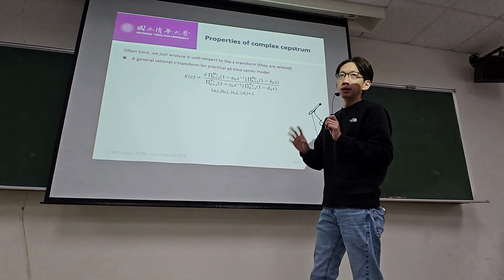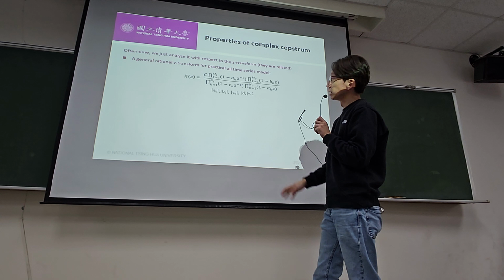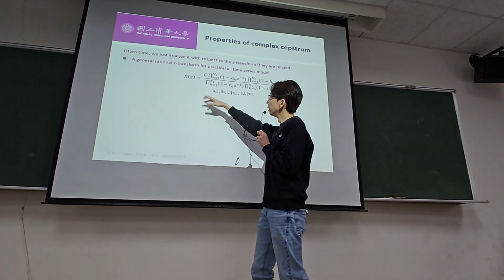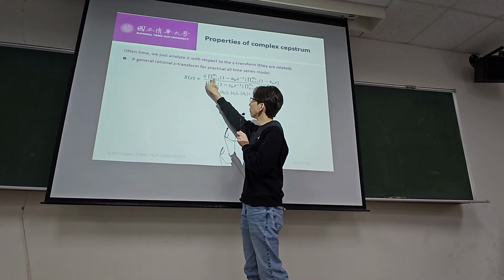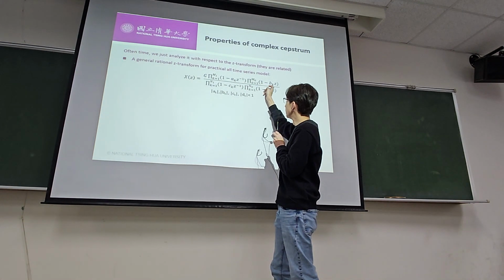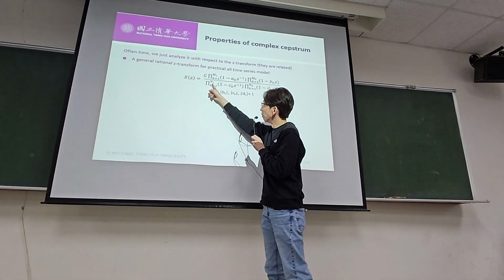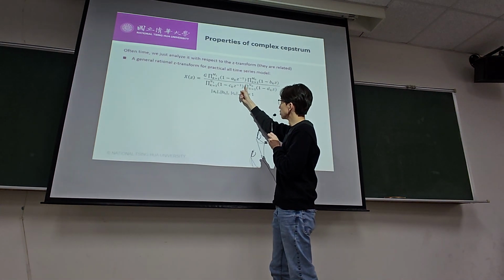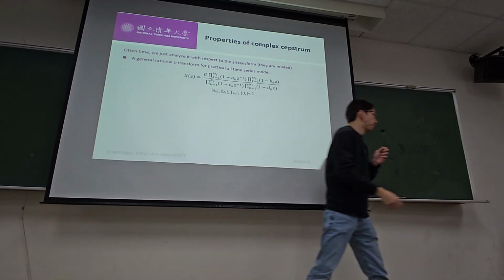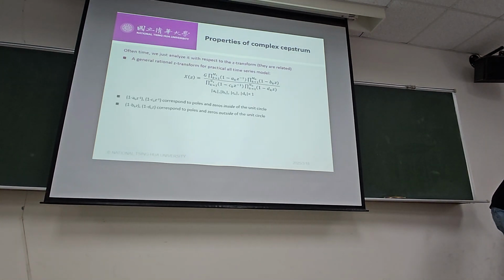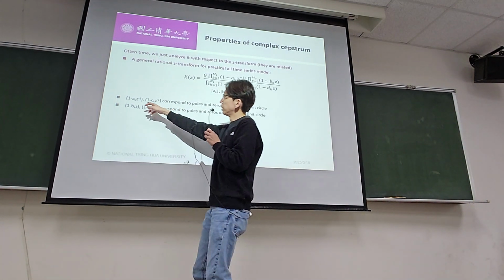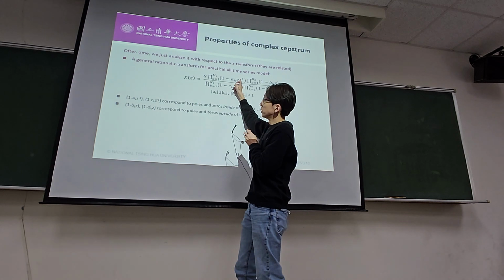We can write any discrete time series model in this particular form: G times the product over k from 1 to n1 of 1 minus alpha k z to the minus 1, over the product of k from 1 to n0 of 1 minus b k z, and similarly for the terms with c k z to the minus 1 and d k z.